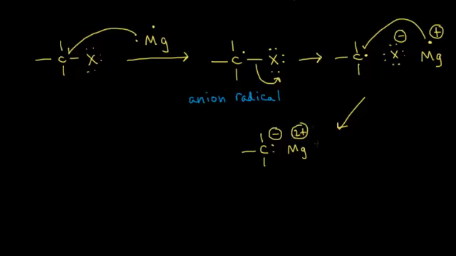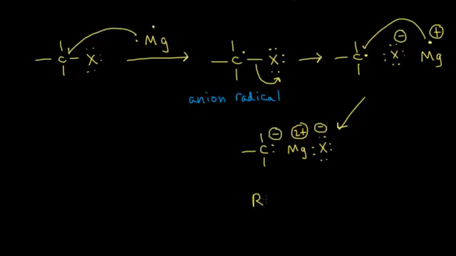And then the halogen is going to form an ionic bond with the magnesium on the right side here. So we have our halogen, which is negatively charged. We have a magnesium with 2 positive charges, and then we have 2 things with negative charges around it, forming ionic bonds. So this is our carbanion, and so I could redraw the stuff on the left with this carbon here.